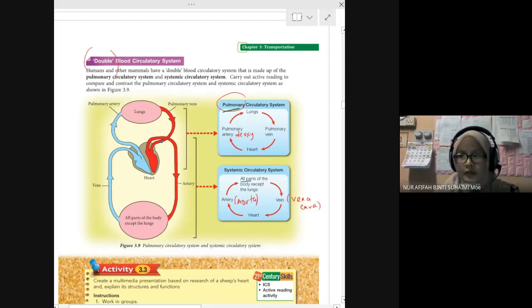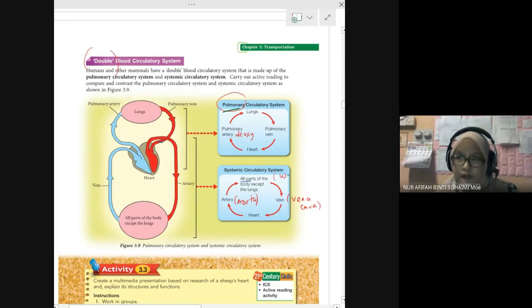Okay, the systemic circulatory system involves the aorta and vena cava. The vena cava transports the blood from the whole part of the body to enter the heart, and then from the heart, the aorta pumps the blood to the whole part of the body. So the systemic circulatory system involves the whole body.